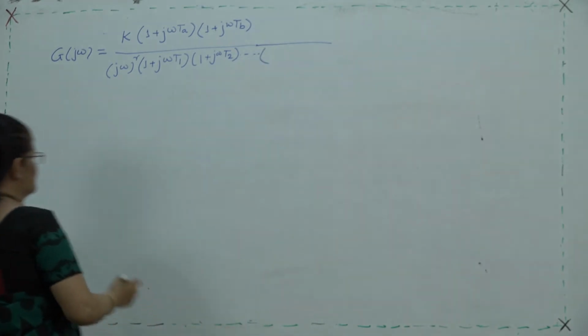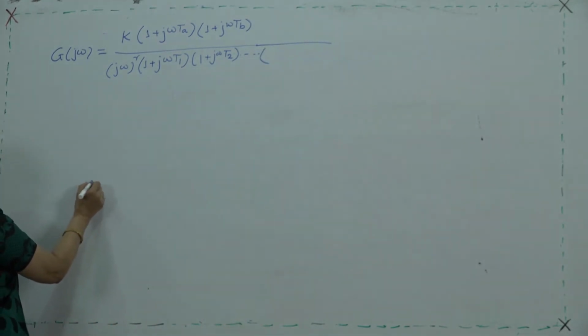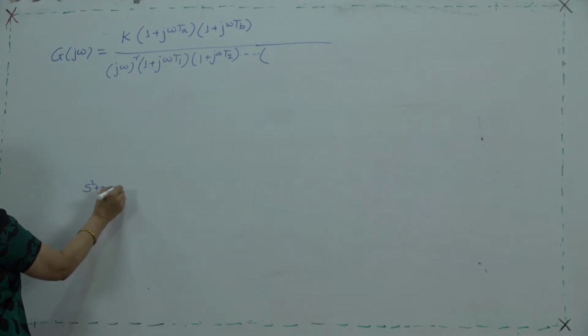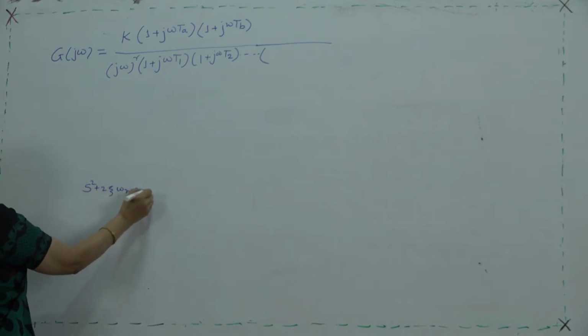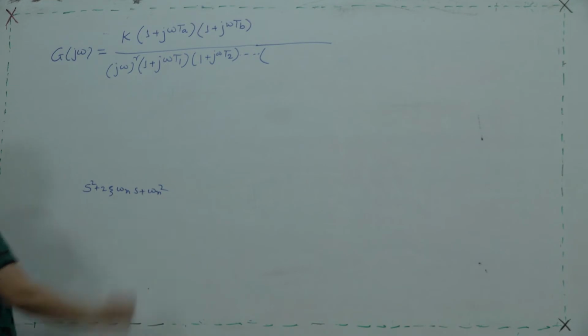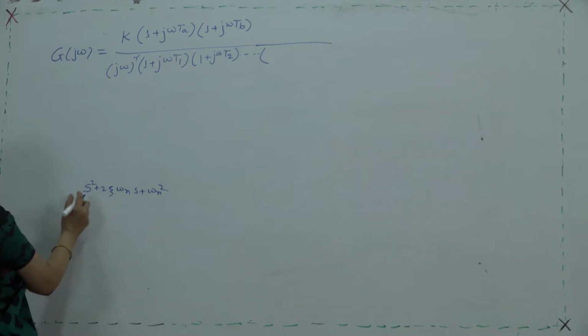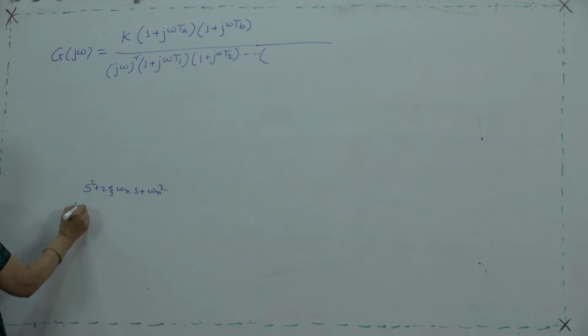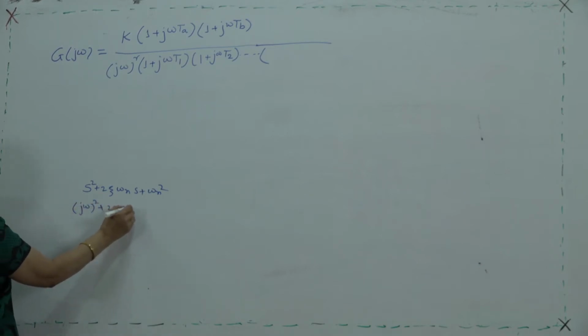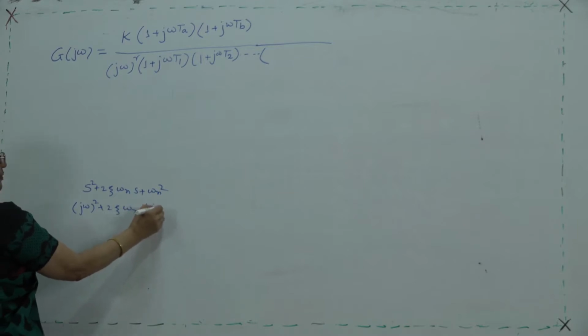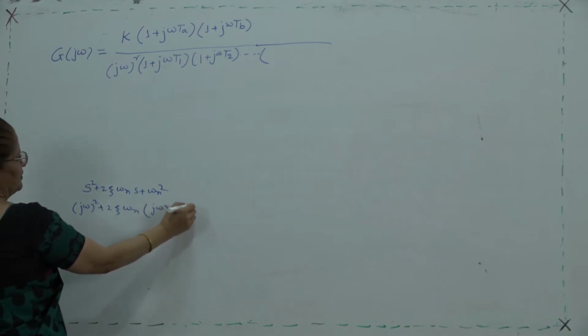As well as we will consider one complex term. So, the complex term, what is it? s square plus twice zeta omega n s plus omega n square. Here we replace s by j omega, and so what we will get is (j omega) square plus twice zeta omega n j omega plus omega n square.